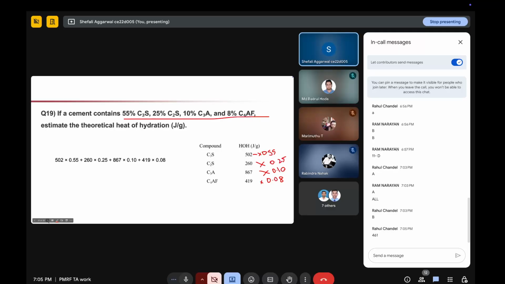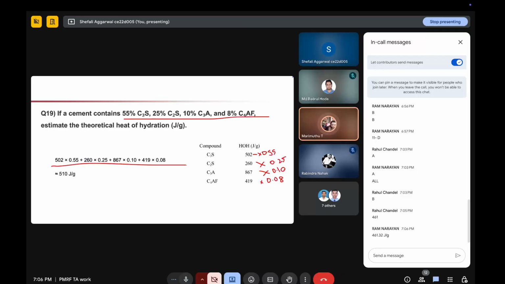Okay, good. It will be approximately 500 to 510 joules per gram. Just try it once. Okay, I will also try. 461.3.